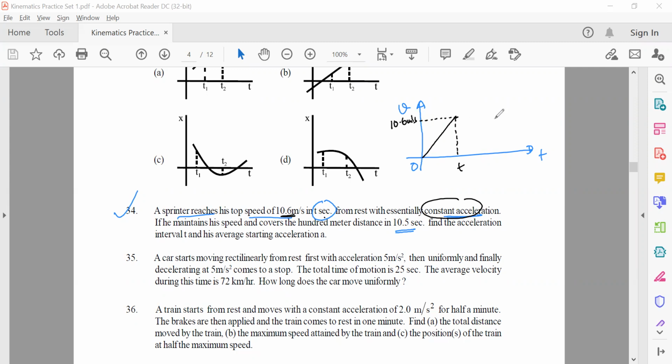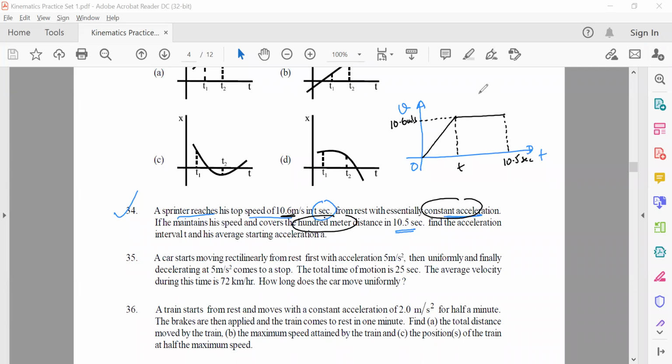Thereafter he goes at constant speed, and he covers the 100-meter displacement in a total time of 10.5 seconds.